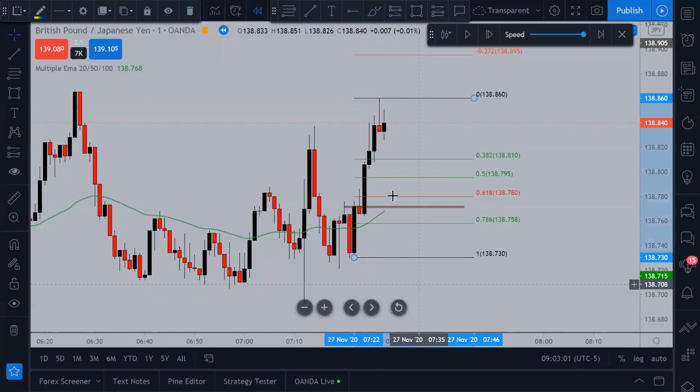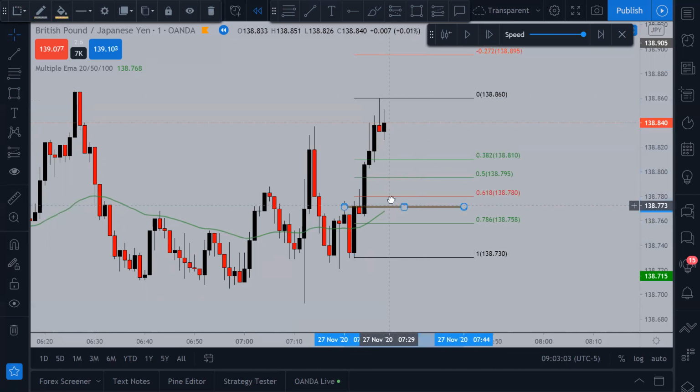Now, as I'm checking this level, I'm looking at how the fib aligns with structure, and you want the fibs to ideally line up with a previous low, the most recent previous low, preferably, not just this low and that low. You want the most recent low. That's the ideal situation.